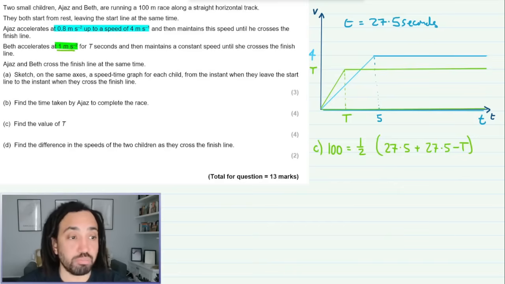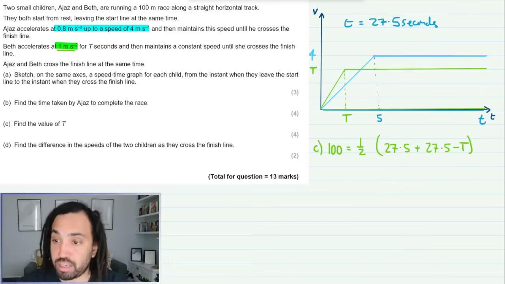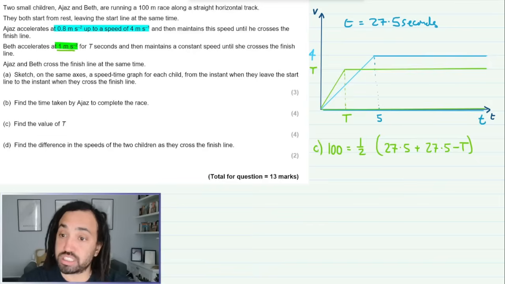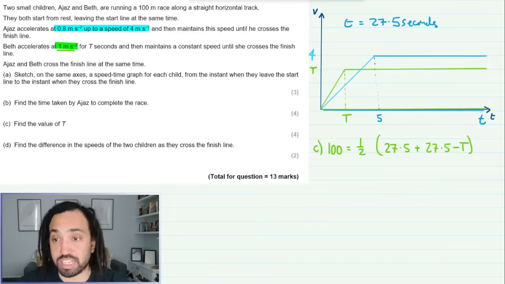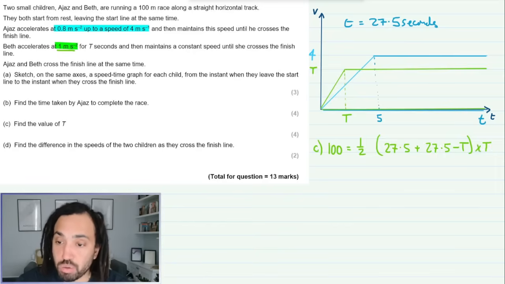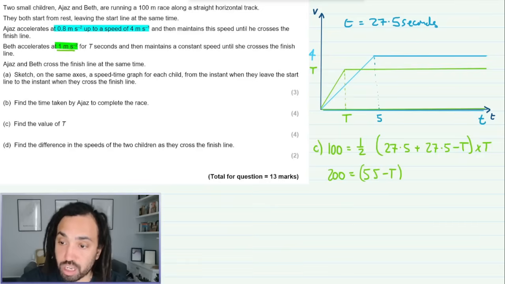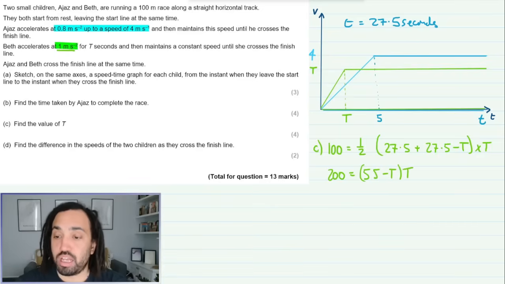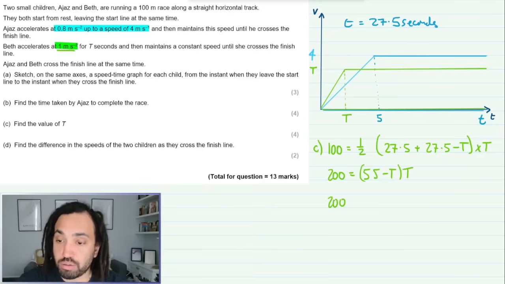And then that's multiplied by the height of the trapezium, which is t, which we learned from the fact that the gradient was 1. So that's times by t. Multiply across gives me 200 is equal to 55 minus t times by t. And then we can multiply out to get 55t minus t squared.